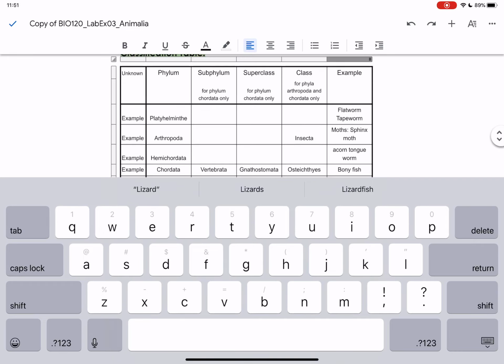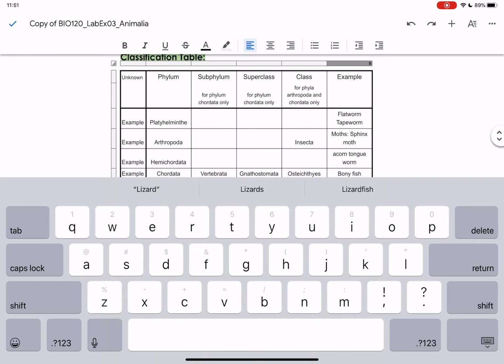So what else do we need to fill out? Well, it's actually labeled here nicely. Since it is a chordate, we have to say what the subphylum, superclass, or class is. Now, it's a little confusing as this is worded here, because it kind of implies that you need to put both a subphylum, a superclass, and a class. But that's not the case. It's one of the 3.